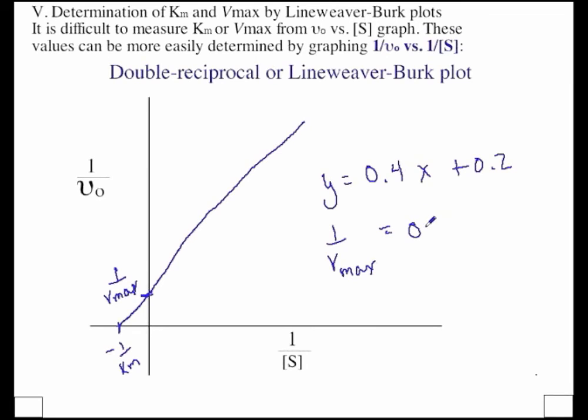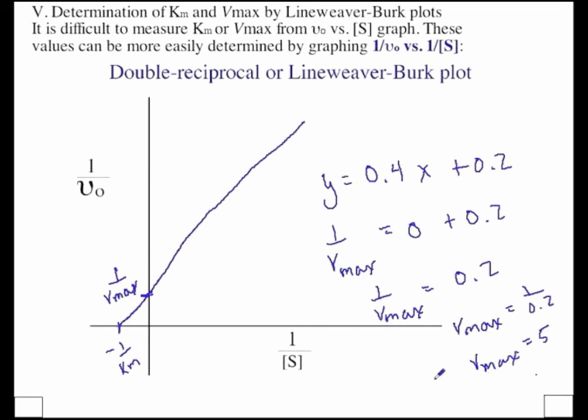So this is going to be 0 plus 0.2. So again, 1 over Vmax is 0.2, which is exactly what we got the other way. Vmax is going to be equal to 1 divided by 0.2, or 5. Same exact calculation, really, just a different approach to it.